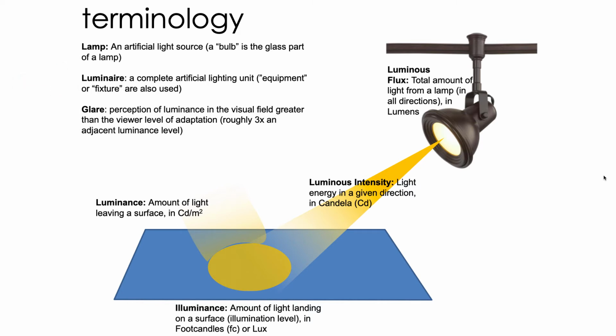And I think if you look in the glossary of our textbook, which you should, you will see a very similar sort of description. Glare is the perception of luminance in the visual field greater than the level of adaptation. So typically it's about 3 times the adjacent luminance level. And what that means is that your eyes are adapted to a darker light level, and some bright light source enters your visual field that your eyes just aren't ready for.